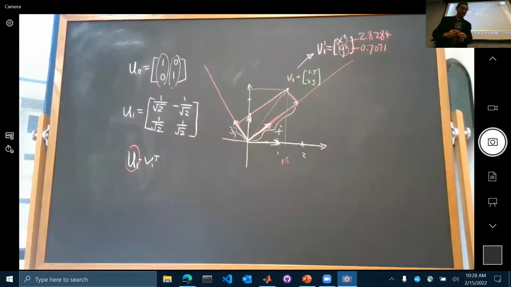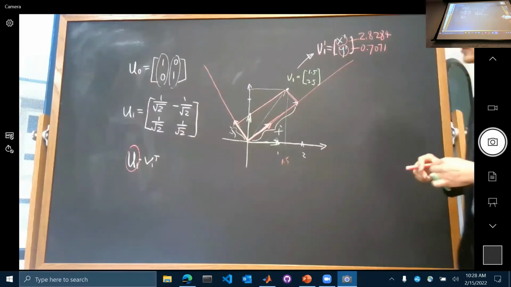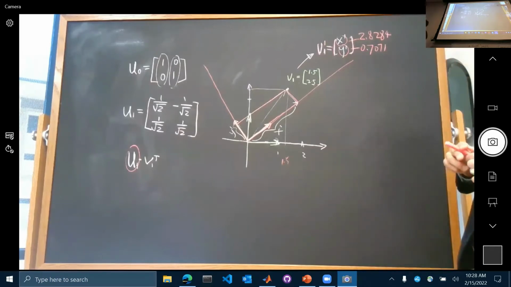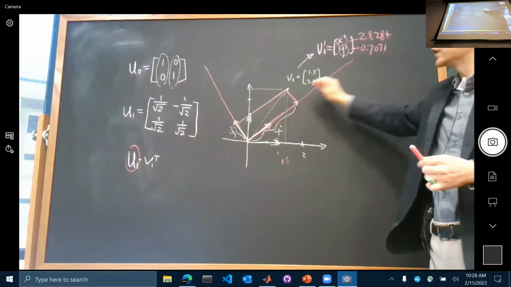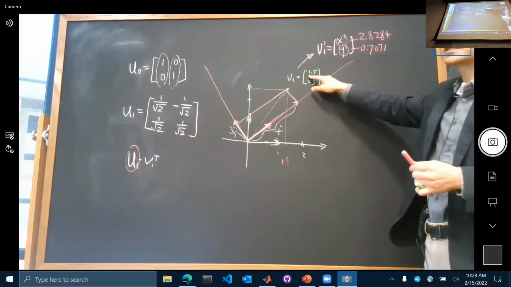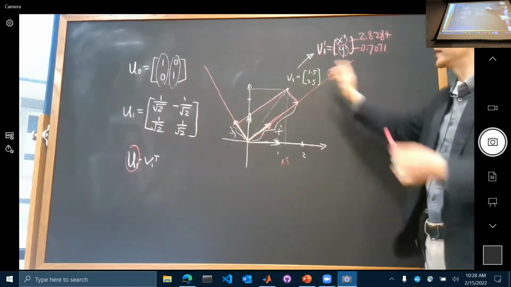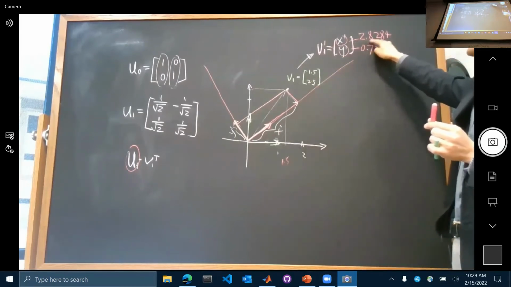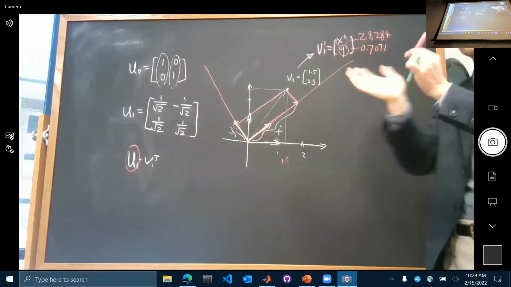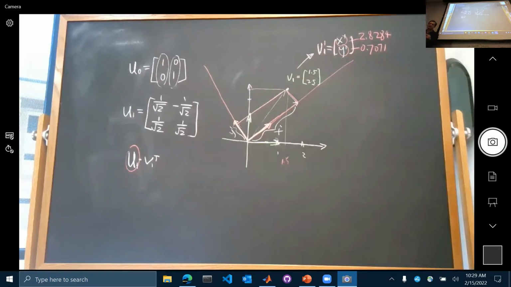Okay. So for this V1 data point, the original x-axis value is 1.5, but after I use the rotated system, the x-axis value becomes 2.84. Actually, it becomes longer along the x-axis.